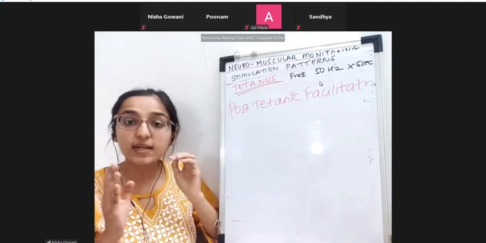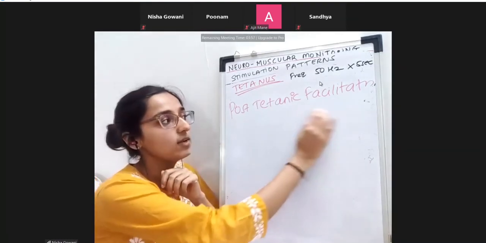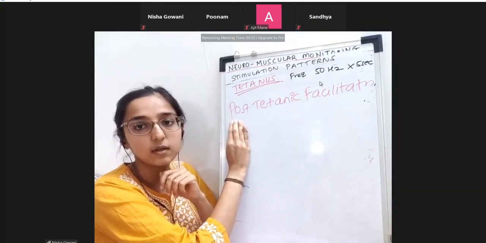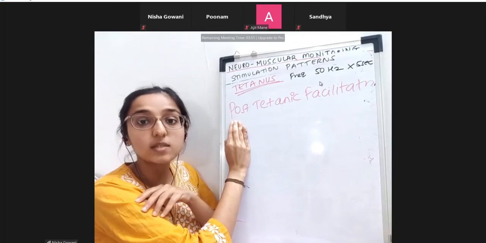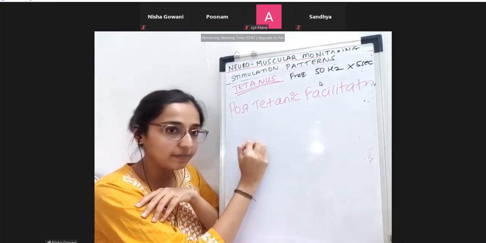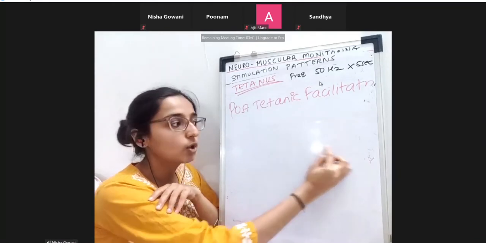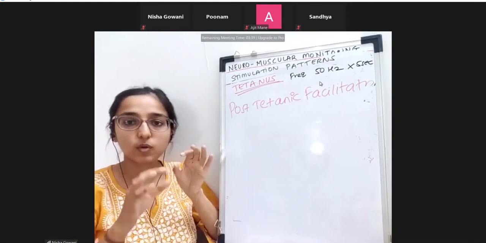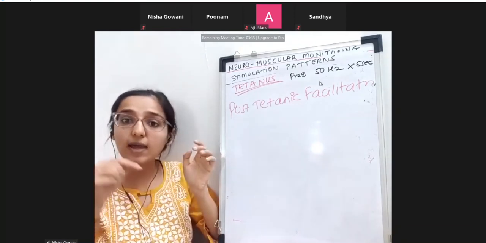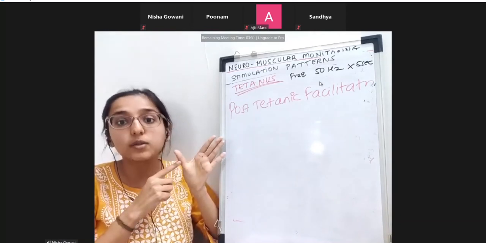The post-tetanic facilitation, after giving tetanus stimulus, how much time will this facilitation be present? Continuously it will not be present. There will be a response we can expect from 3 seconds after tetanus got over. Wait for 3 seconds, so from the 3 second point to the 2 minute limit, if I give a single twitch, I can expect there might be a count.